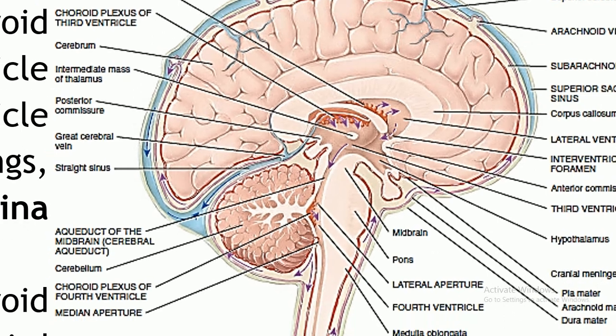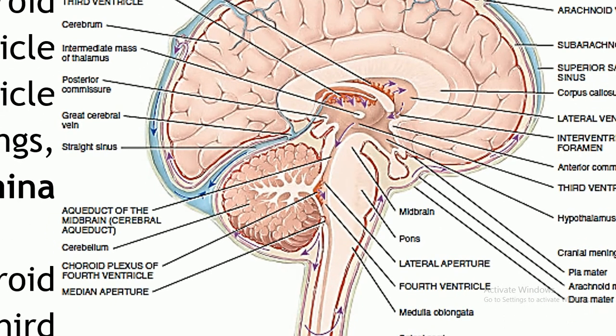From here the CSF will flow into the fourth ventricle. That's the fourth ventricle, right? So it will flow into the fourth ventricle through this opening called the aqueduct of the midbrain, or cerebral aqueduct as it is called. So here again the choroid plexus of the fourth ventricle adds to the volume of the CSF. So some more CSF will be formed over here.